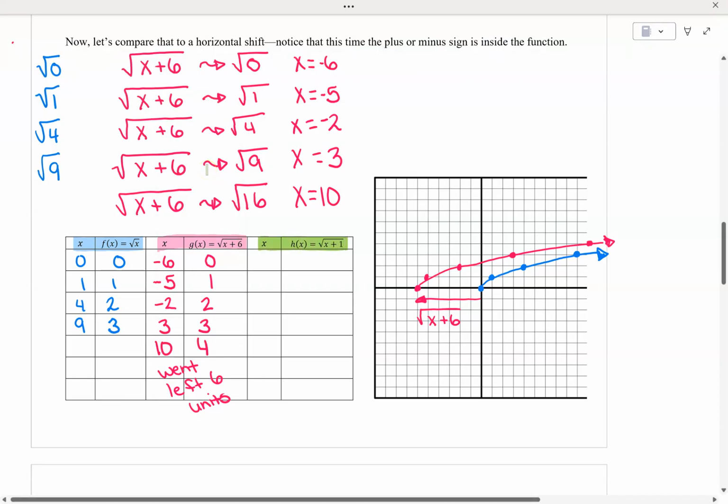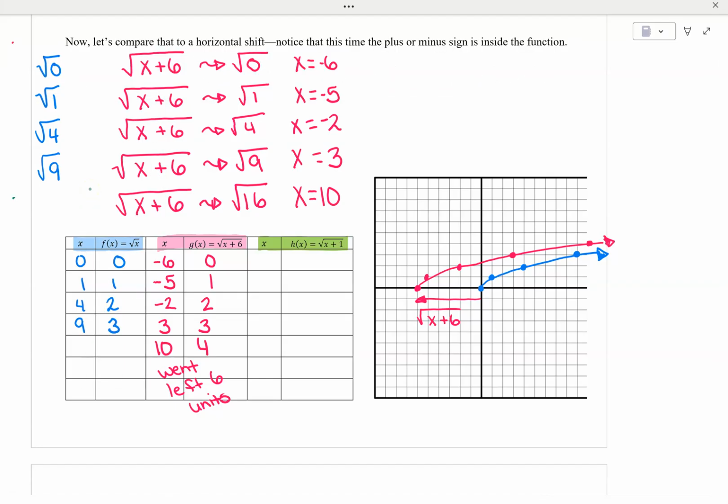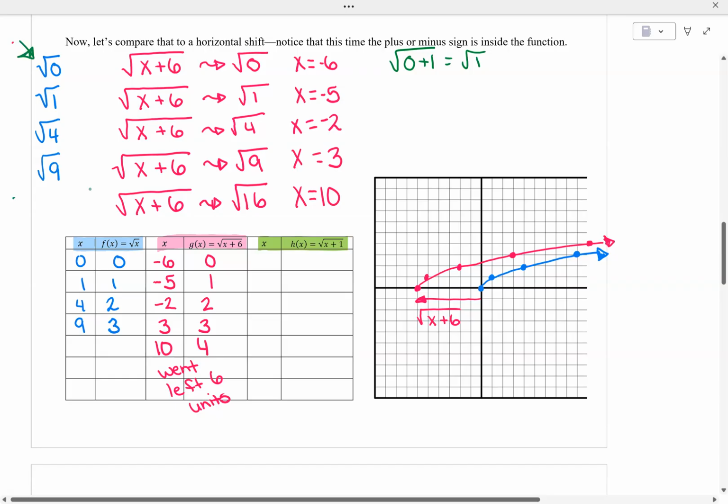Okay, the last one, notice what's on the inside. It is a plus 1. So we have to do the same thing. We can't use those original x's because if I plug in 0, yeah, 0 plus 1 gives me 1, but that's not the first one I need. The first one I need is 0, okay?